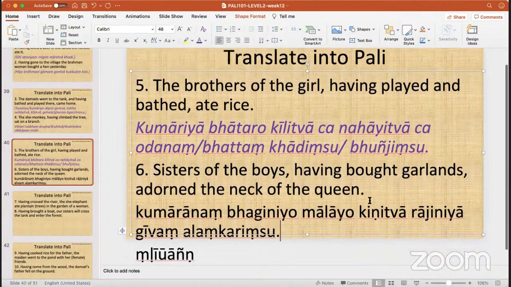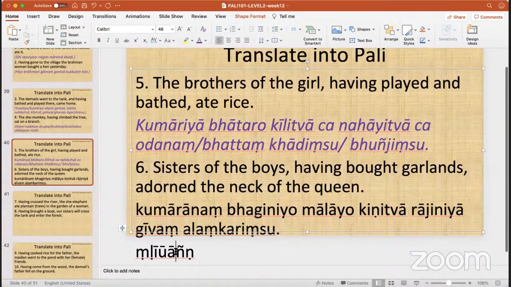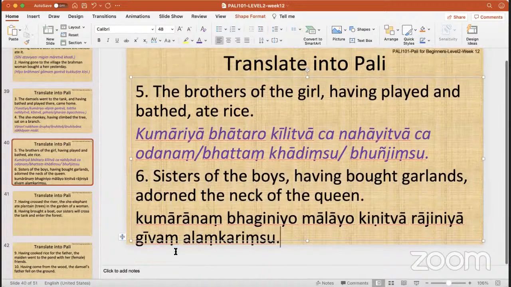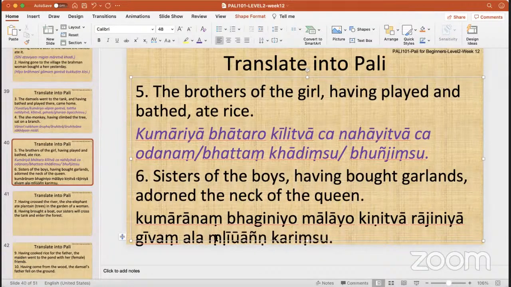Okay. Yes, that is the sentence. Alankarinsu has an N, not an M. Oh yeah, that's right. Very true, because it is the K. K is important here.